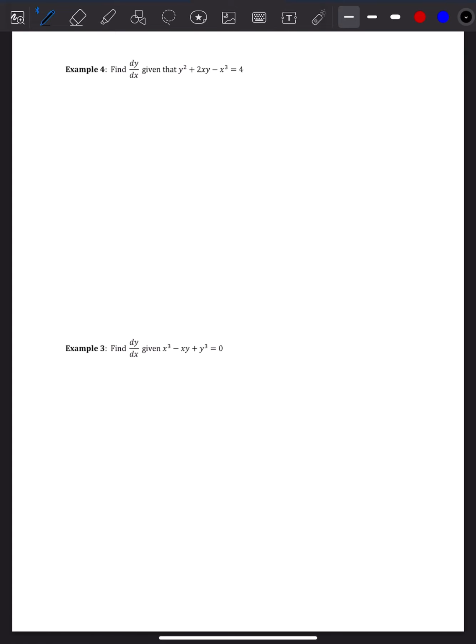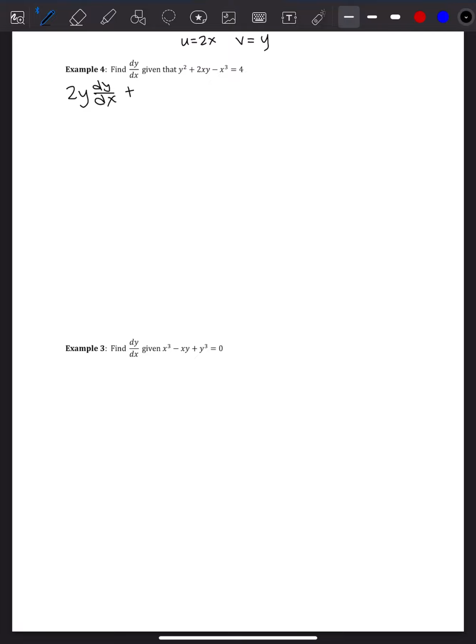So find dy over dx given y squared plus 2xy minus x cubed equals 4. Derivative, so we need 2y dy over dx plus. We have 2 times xy, so we have a product rule here. We're going to make u equal to 2x and v equal y.